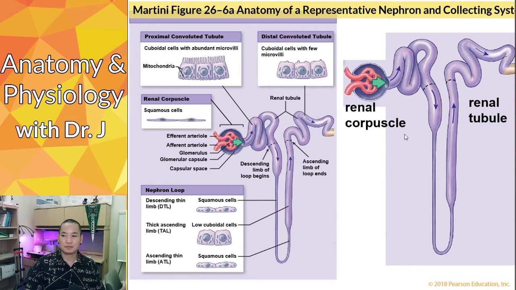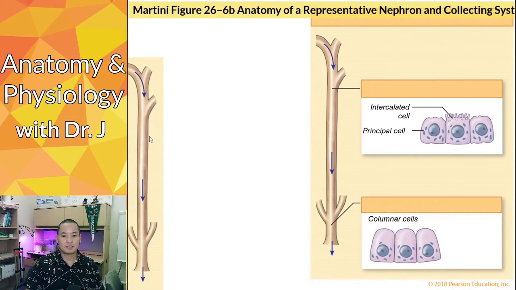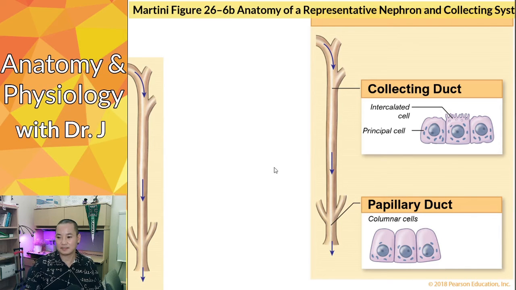That's the renal tubule. Now from the renal tubule, you lead to the collecting system, and this is what we see here. The part that immediately receives fluid from the nephron is called the collecting duct. And when it starts to go toward the papilla of the kidneys, it ends up in the papillary duct, and this is where urine comes out and is excreted into the calyces of the kidney.